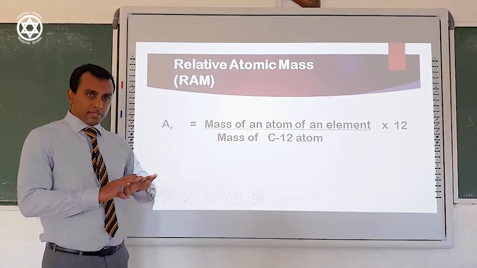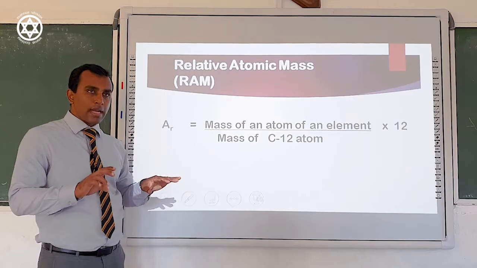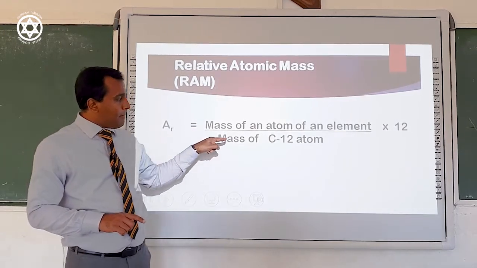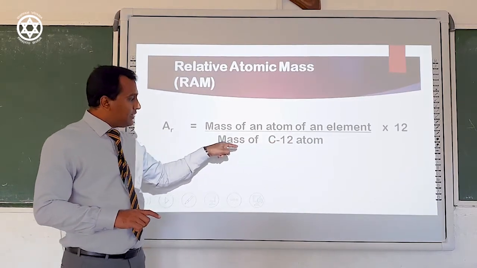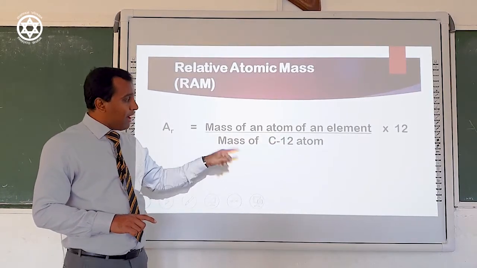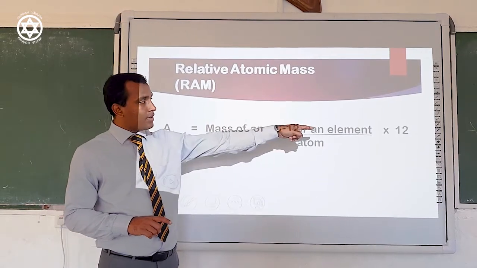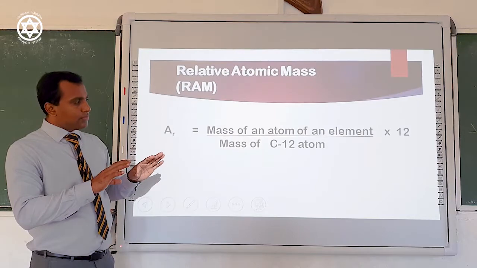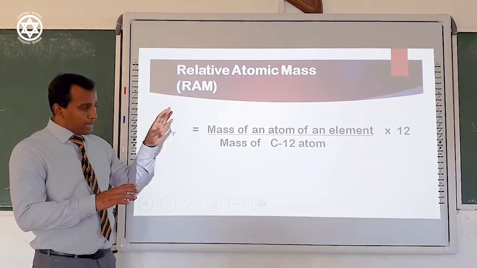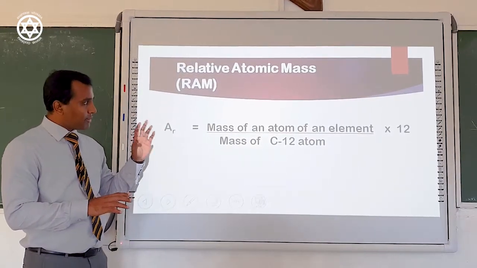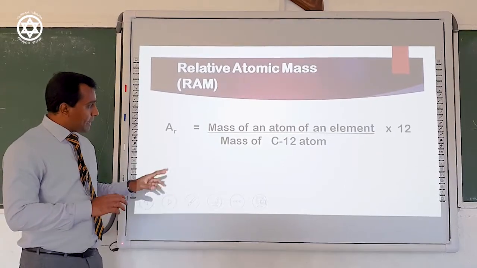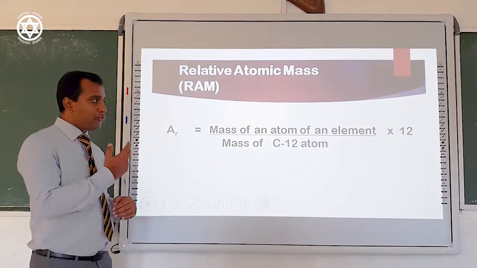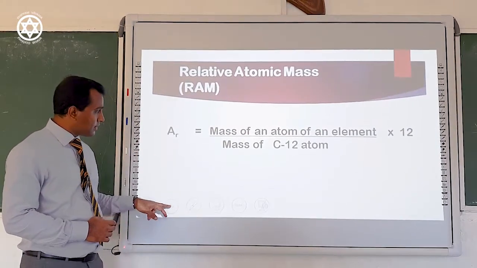But the denominator is the same standard unit we call the atomic mass unit. You have learned that atomic mass unit means the mass of the C12 atom divided by 12. That dividing sign goes as a multiplication by 12, so there is no error if you write the equation. That is the common equation we use to find the relative atomic mass. Right? Then the mass of an atom divided by the mass of the C12 atom into 12 is the relative atomic mass.